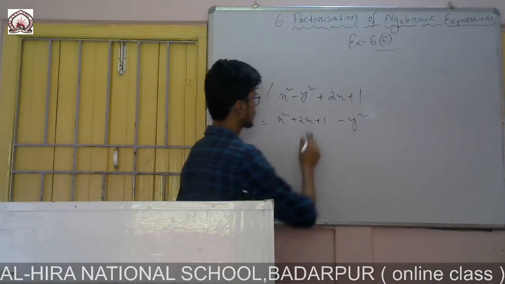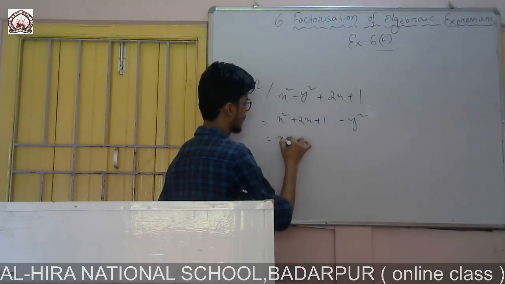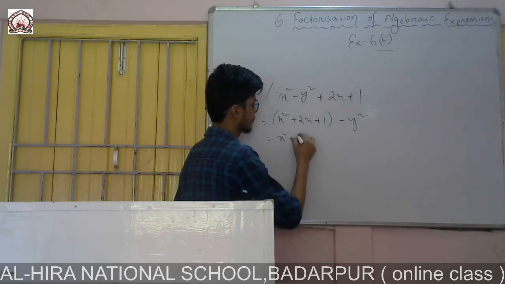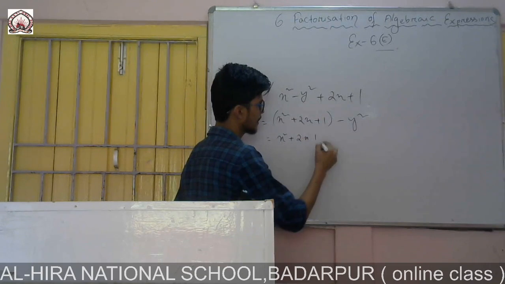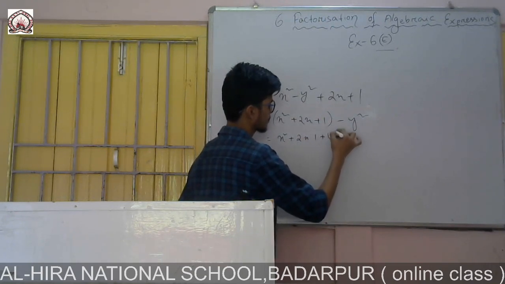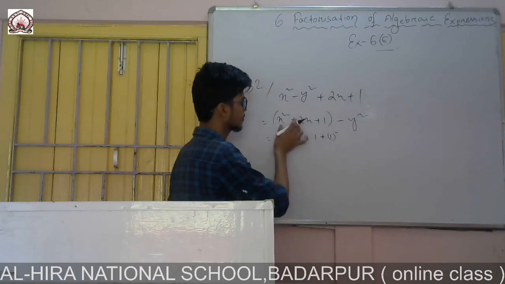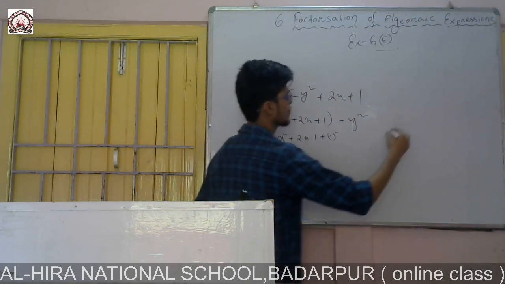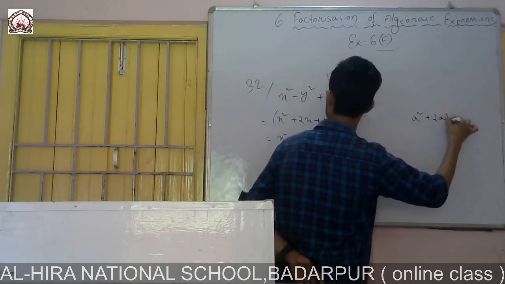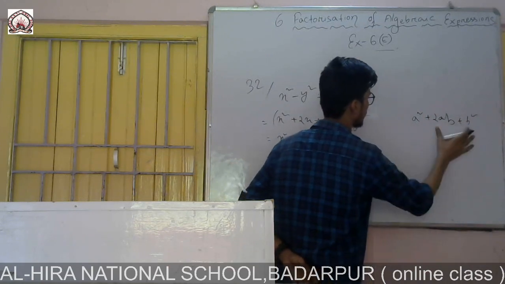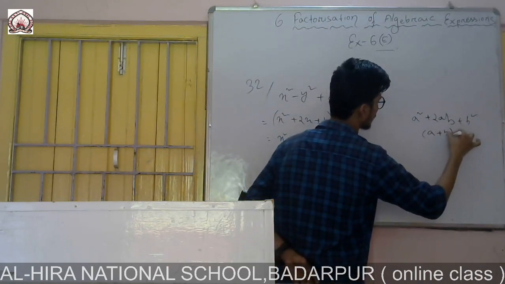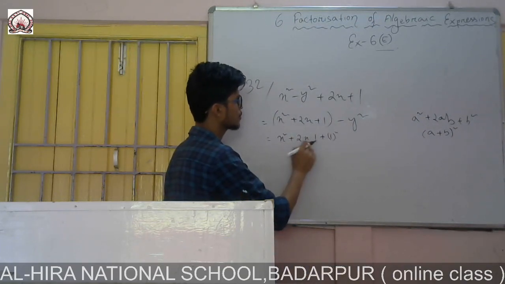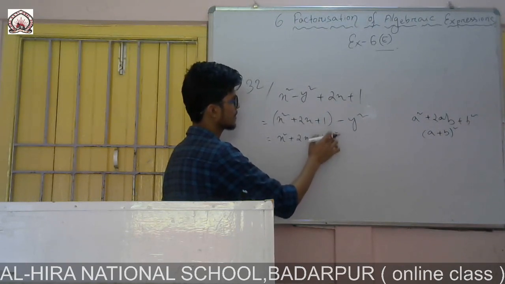So if I express this one, I can write it as a square plus 2ab plus b square, which is equal to a plus b whole thing square. So here also a square plus 2ab, that means 2 into 1 is 2 and x is there, and 1 square is 1 square.